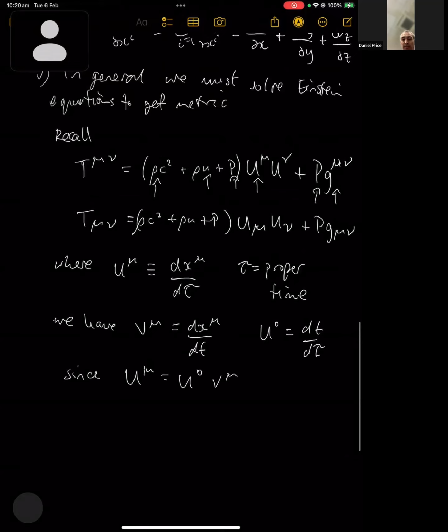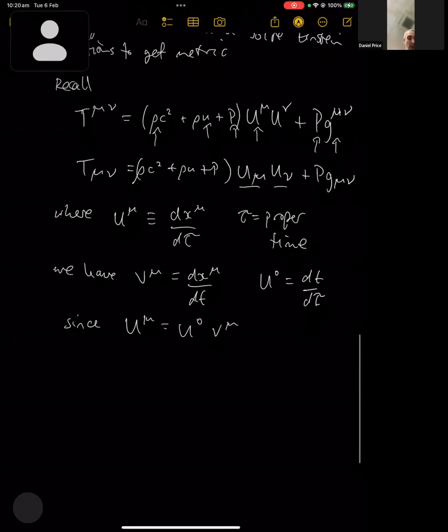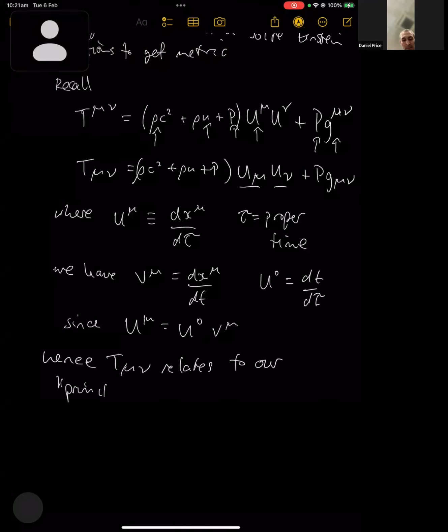So that's just basically a velocity term times this dt d tau. Okay, so our T mu nu relates to what we call our primitive quantities, which are rho, v, and u, and pressure.